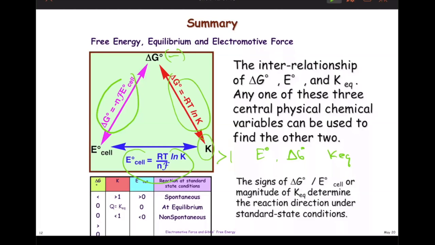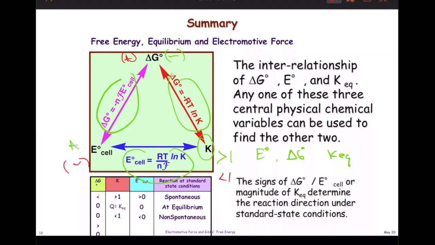When electrochemical potential is positive, it's spontaneous. On the other hand, if free energy is positive, then the reverse is a spontaneous reaction. When electrochemical potential is negative, then you need a battery to drive the reaction in the reverse direction. And when K equilibrium is less than 1, the reaction is not very efficient. Most of the chemical stays as a reactant.